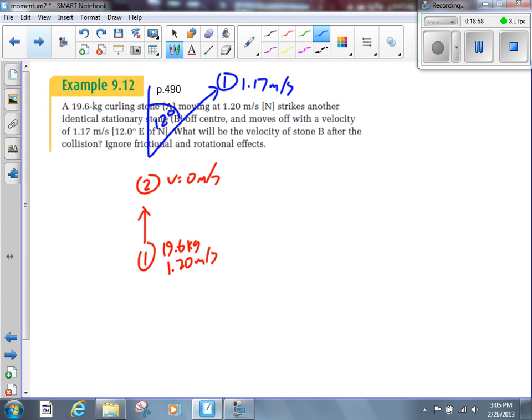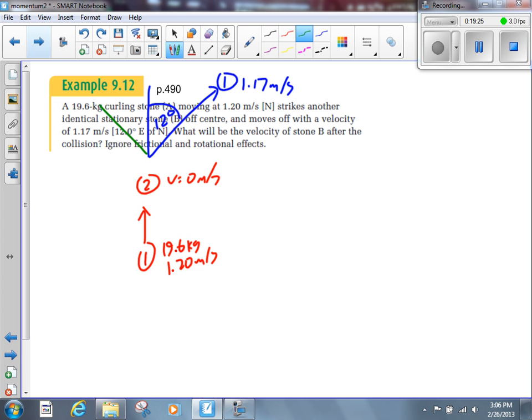Where do you think rock number 2 is going to go? It's a glancing collision, right? Rock number 1 hits rock number 2. If it hits it straight on, rock number 2 is going to go straight. But if it hits it kind of on the side, then rock number 2 might go one way and rock number 1 is going to go the other way. If rock number 1 goes to the right and up, rock number 2 is going to go to the left and up.